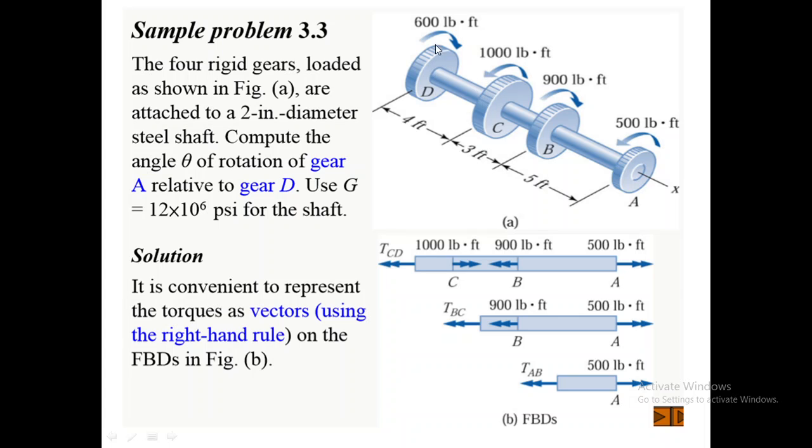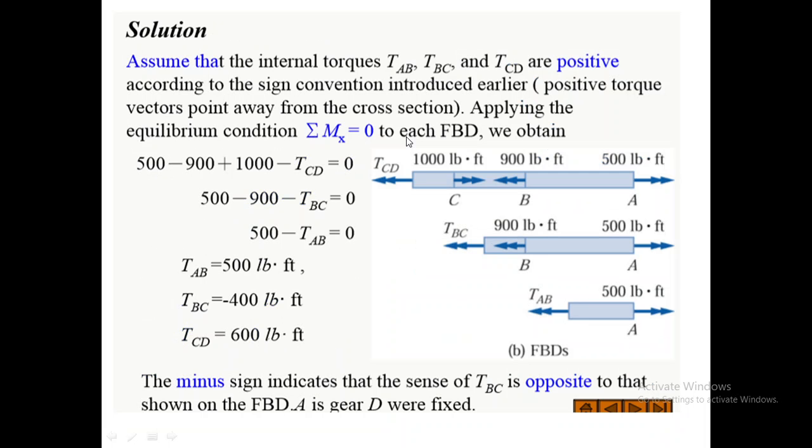That is balanced by this torque at D. So for portion CD we have 600 Newton meter torque.